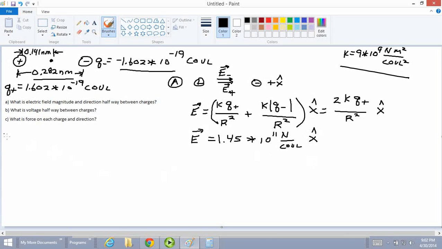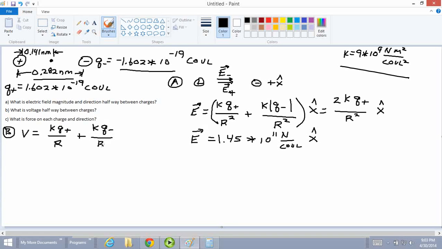Okay, B, what is the voltage? Well, the voltage is equal to the sum of k q plus over r plus k q negative over r. Of course, this is just the voltage equation for summing voltages due to individual charges.